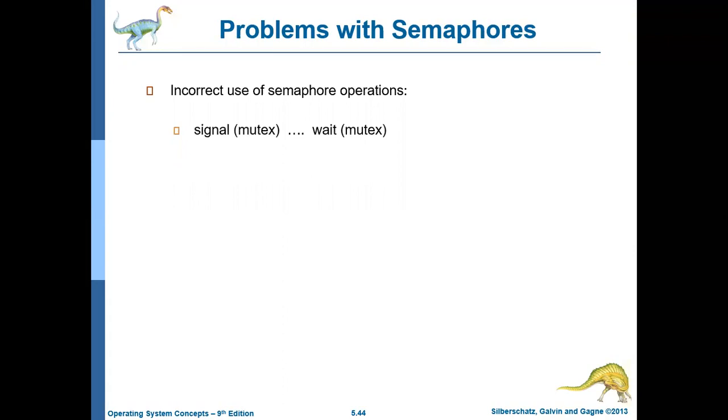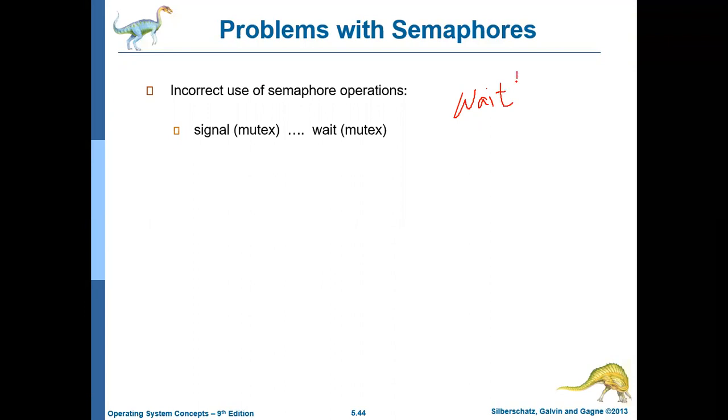This is the general protocol the semaphore should follow: wait, then critical section, and then signal. First it should call wait on the mutex or lock, whatever it may be.